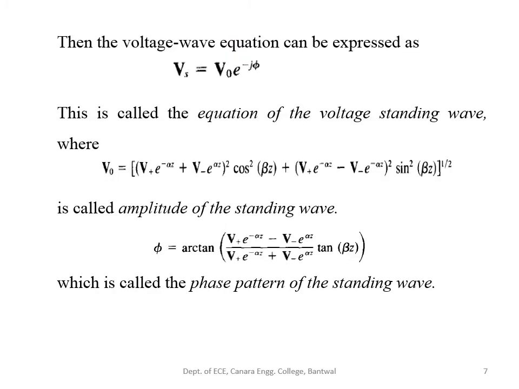Then the voltage wave equation can be expressed as Vs equals V naught e to the power minus j phi. This is called the equation of the voltage standing wave, where V naught is called the amplitude of the standing wave and phi is called the phase pattern of the standing wave. A standing wave, also known as a stationary wave, is a wave which oscillates in time but whose peak amplitude profile does not move in space.